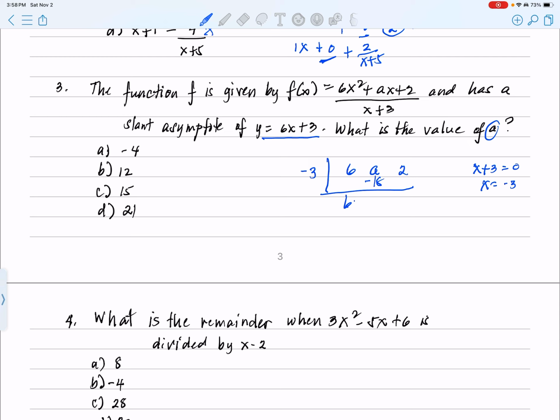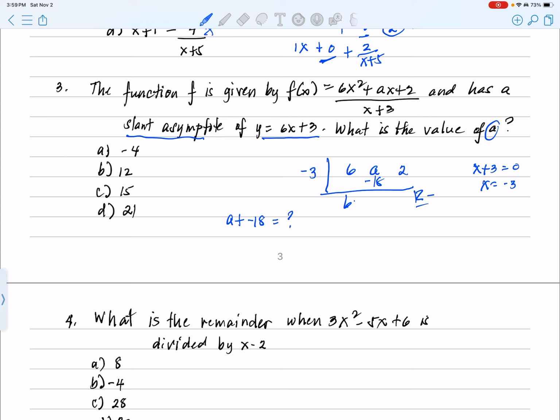Okay. A plus negative 18 is what? Regardless of whatever our remainder is, we're not thinking about it because we are talking about the slant asymptote here.